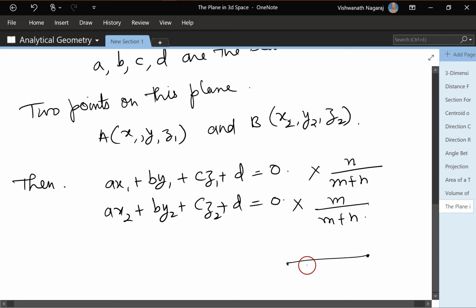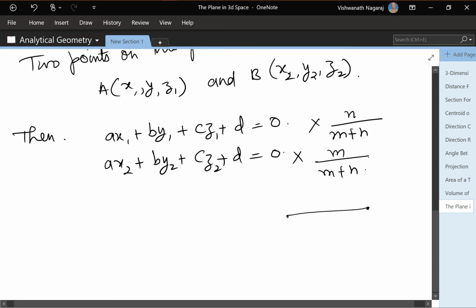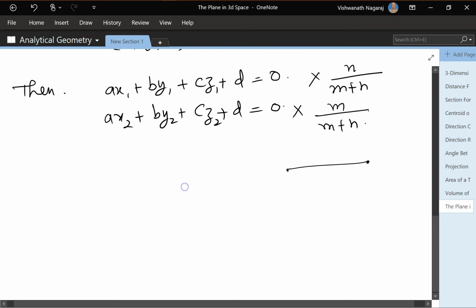Remember that? Then we can say that all the points are on the same plane. And when we are talking of dividing a line in the ratio of m:n, we need to remember the section formula. Right? Now to get the section formula, we have to do this. Now let's see whether it happens or not.